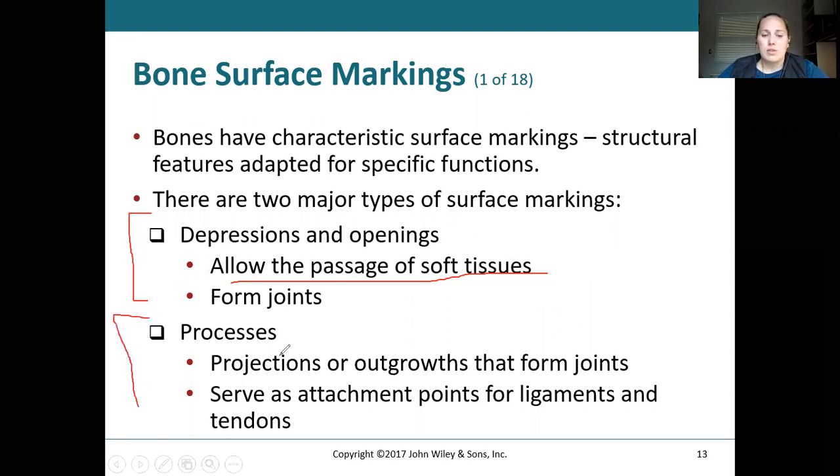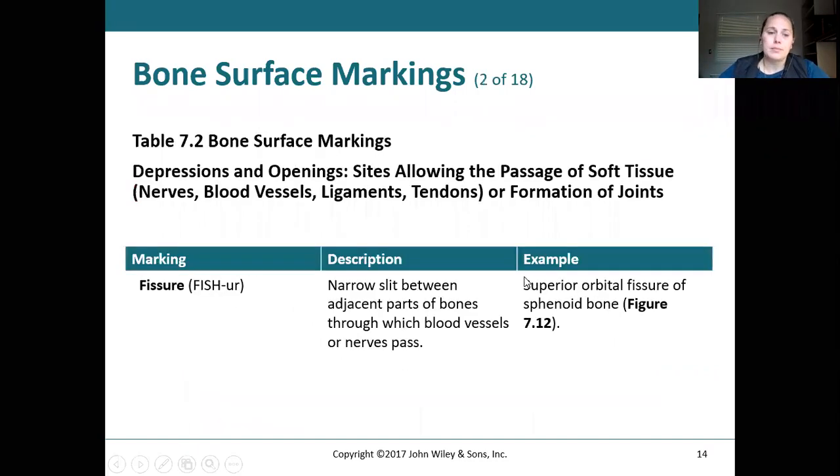Second, you have processes. These are projections or outgrowths that form joints and serve as attachment points for ligaments and tendons. These are the knobby parts of bones where processes allow for attachment of these other soft tissues that allow for things like movement. We might see more depressions and openings in the axial skeleton and then maybe more processes in the appendicular, but you do have both types of bone surface markings in both regions.